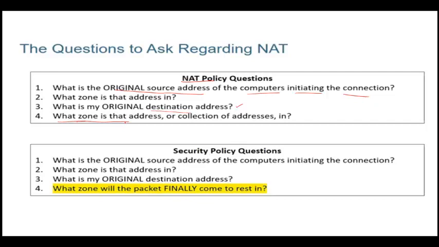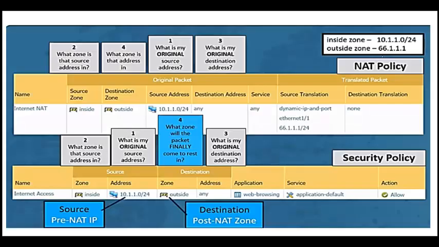So if you're translating to 66.111 in this example, 66.111 belongs to the internet zone or outside zone.